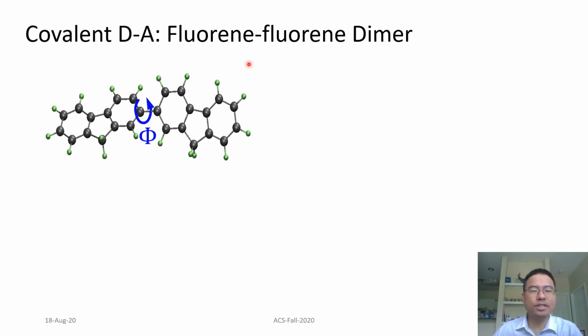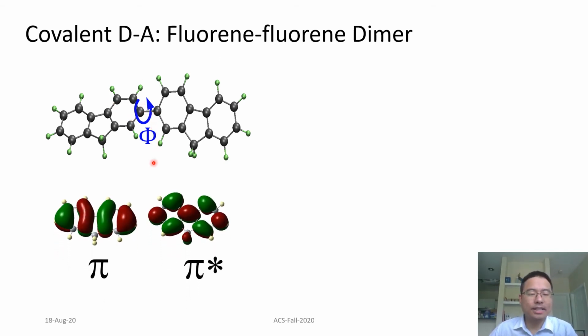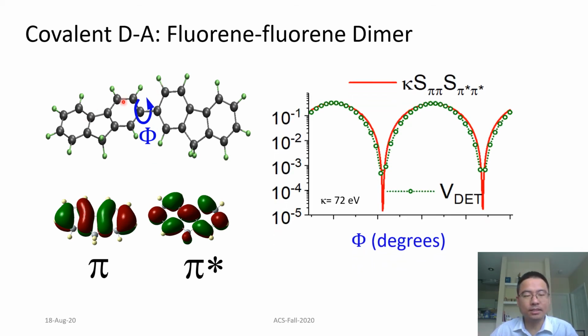Then we test it with a covalent dimer. We take two fluorine units and connect them with a sigma bond in the middle. And we take two frontier molecular orbitals from a single molecule, and we change the rotation angle in the middle and calculate the coupling and overlap term with a constant kappa.